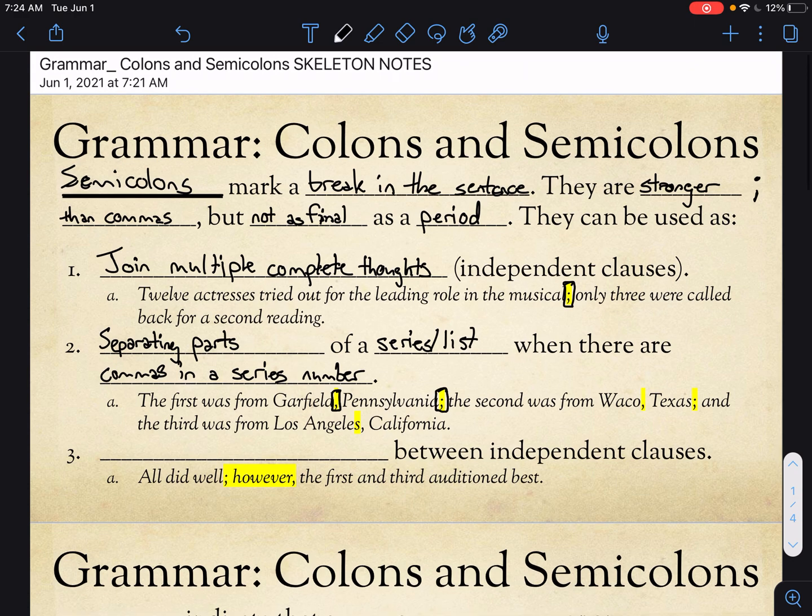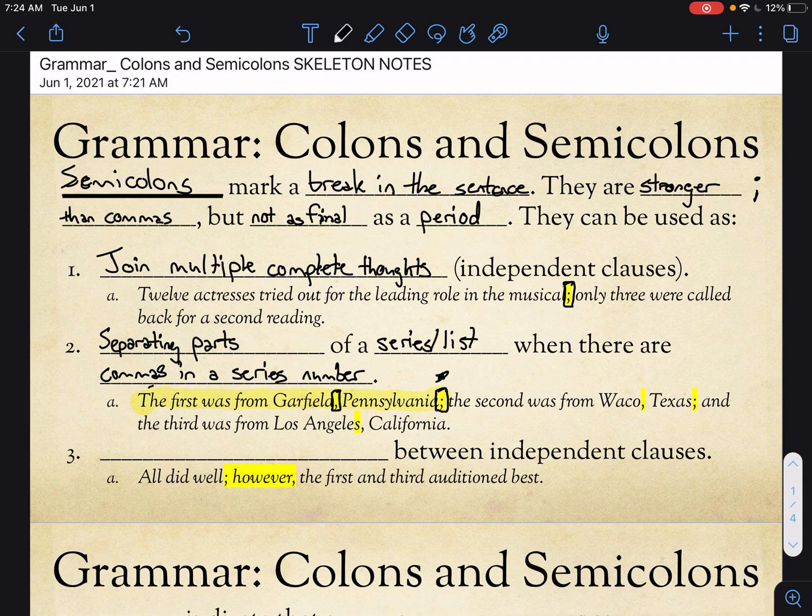If I have a comma within this entire part of the series, I need to use the semicolon at the end. If there is no comma within it, like go get me eggs, milk, and butter from the store, then you don't need a semicolon. But if you have a comma within that series number, you need a semicolon at the end.